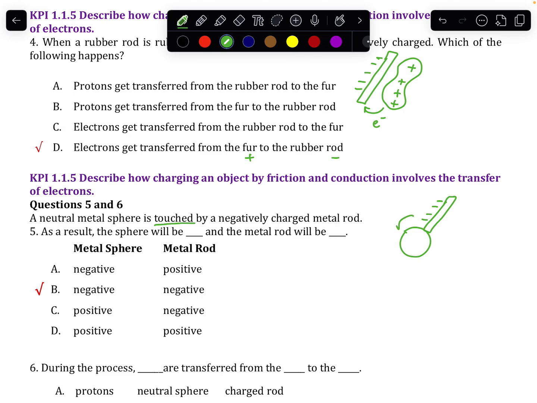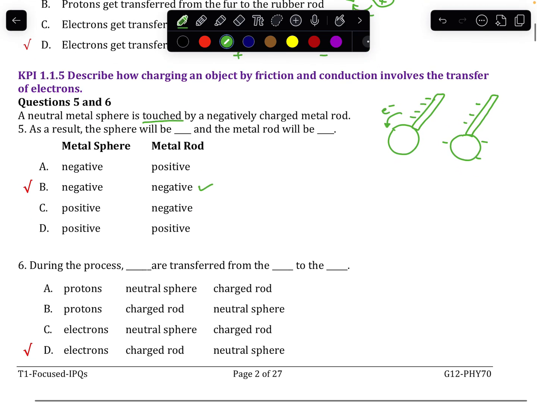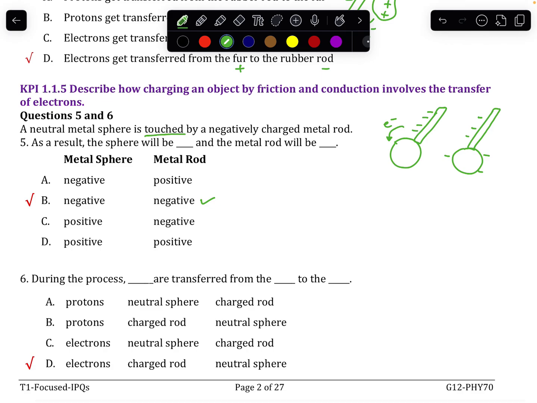So basically, the rod stays negative and the sphere also becomes negative. So negative and negative. During the process, protons cannot be transferred. So electrons are transferred from the rod, as I highlighted here.